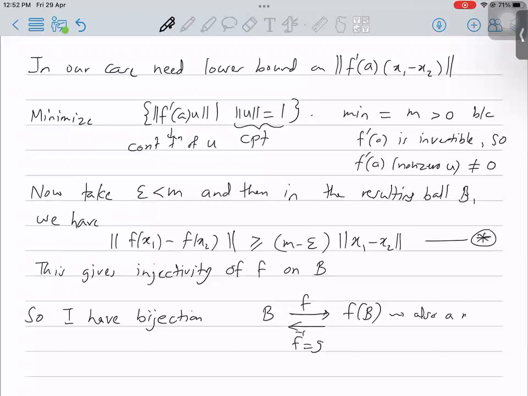Yes, we can substitute in the relation we just got. Exactly. So just look at this relation star, what it is saying.